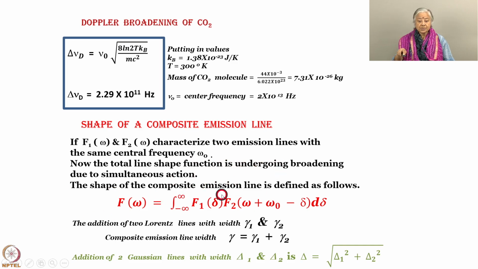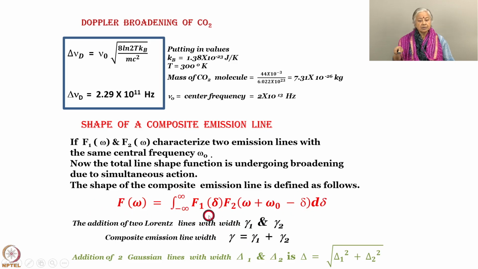The shape of the composite emission line is defined as follows: f(omega) is equal to the integral of f1(delta) f2(omega + omega 0 - delta), and you integrate out the delta part because we are not interested in that. It goes from minus infinity to infinity. So, what you will be left with is a function of omega again.